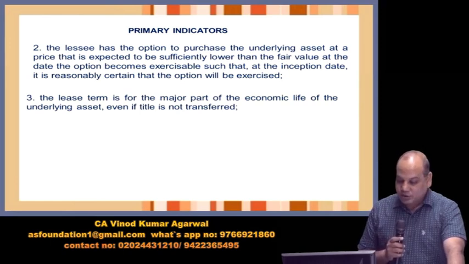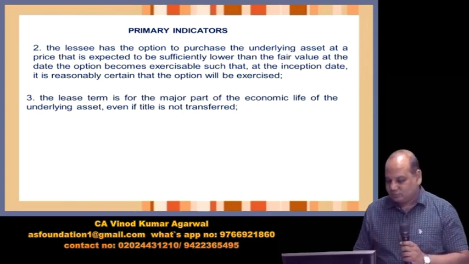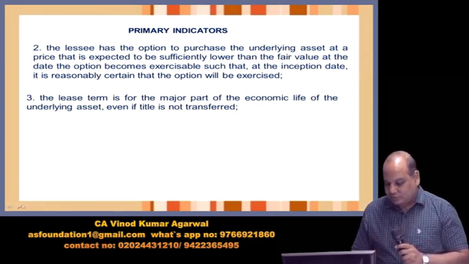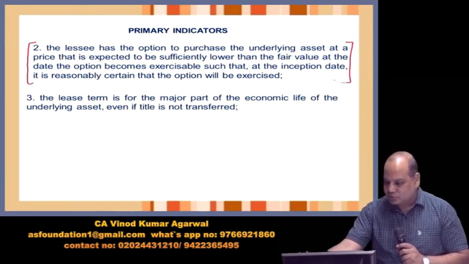Inception date, it is reasonably certain that the option will be exercised. Now here some subjectivity may get involved, but again it is a principle based standard. One has to apply the judgment carefully.